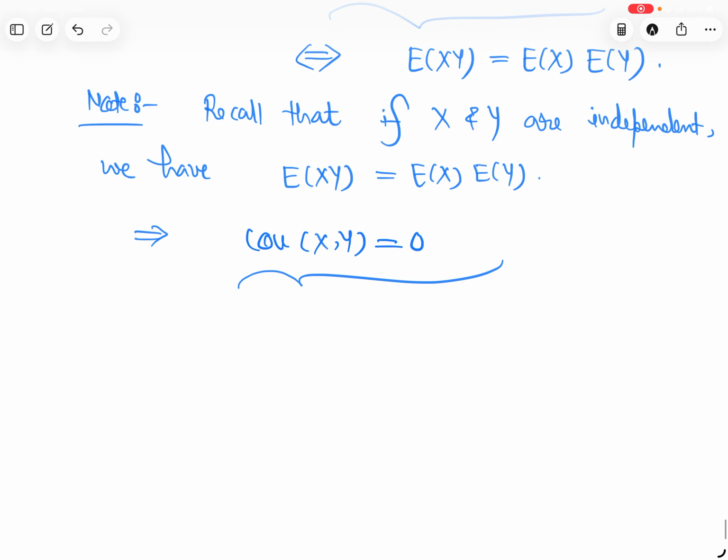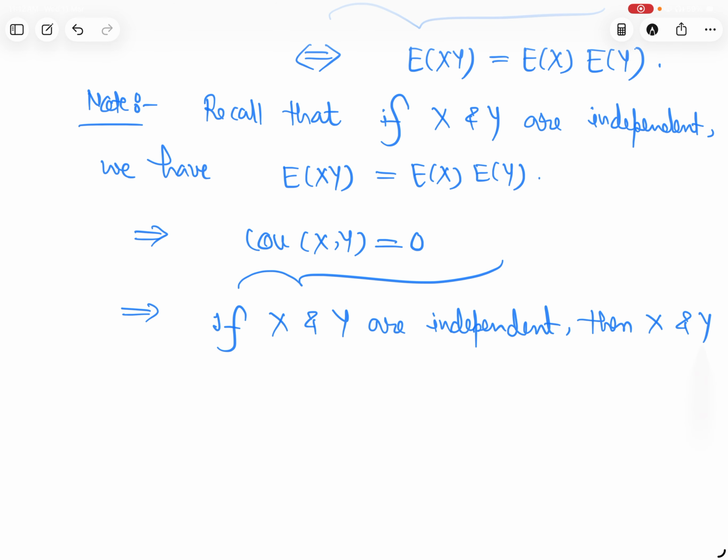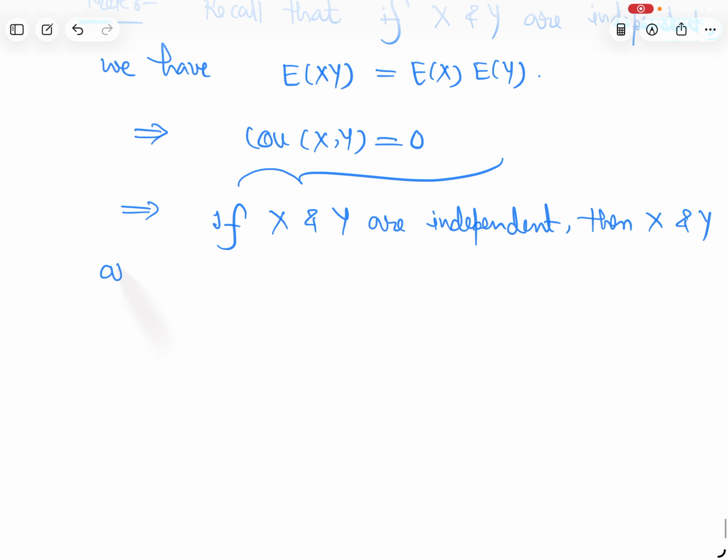That means if x and y are independent, then x and y are uncorrelated.